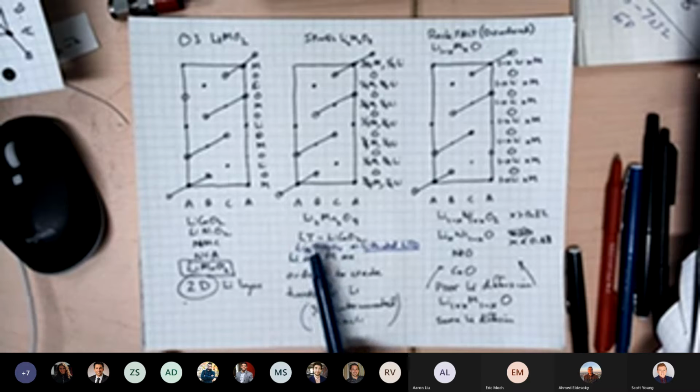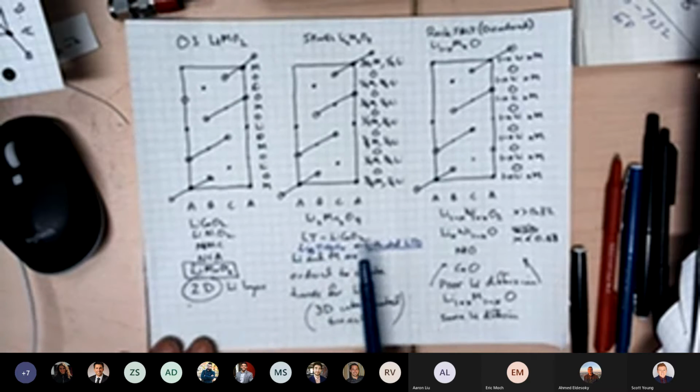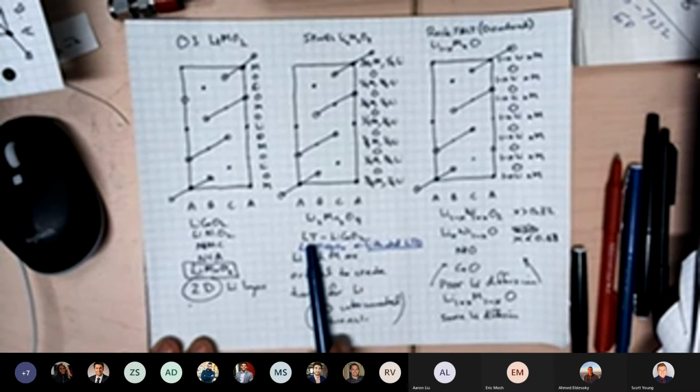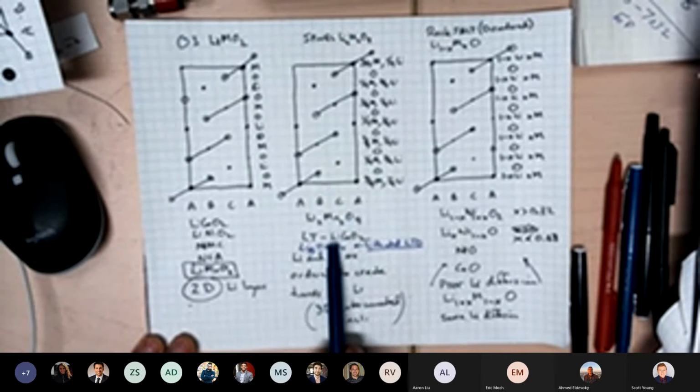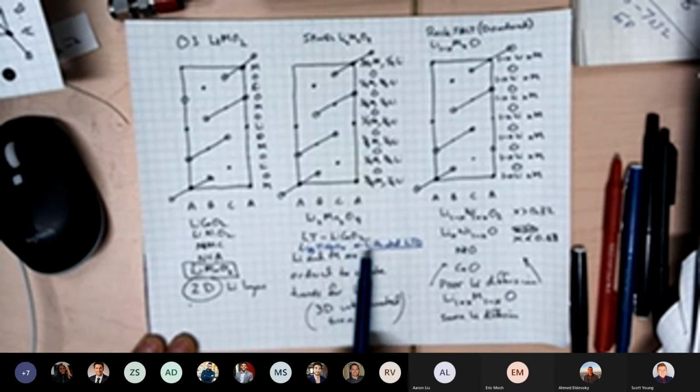There are other spinel compounds of interest. For example, if you make lithium cobalt dioxide at low temperature, around 400 degrees C, it actually takes on the spinel phase. So it's written as LiCoO2, but you would write it as Li2Co2O4 if you're talking about the spinel phase.